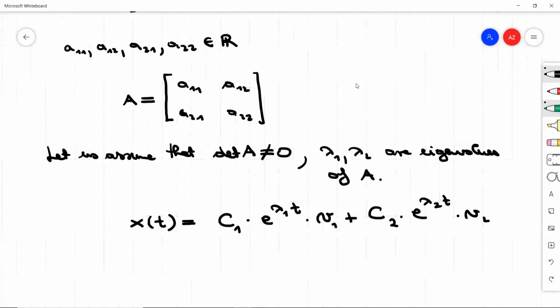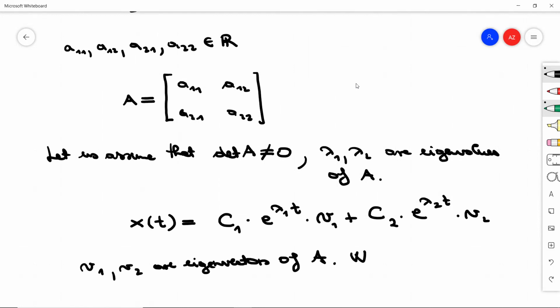So V1, V2 are eigenvectors of A. And let us also assume that lambda 1 is not equal to lambda 2.